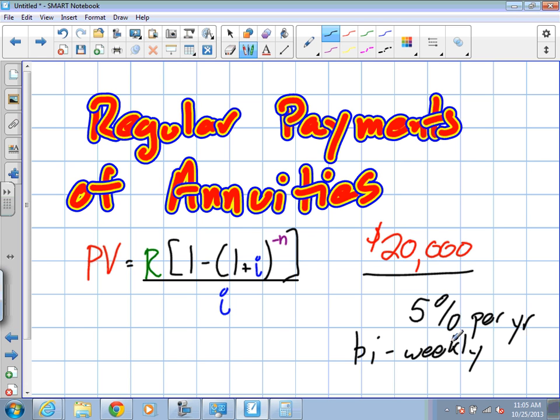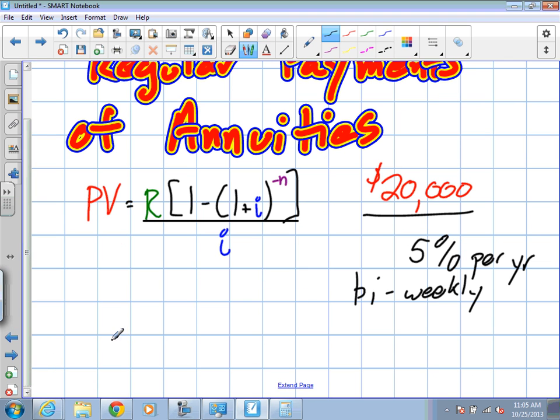Every 2 weeks. How many weeks are there in a year? 52. So if it's every 2, what do we do with this number? That's right, we divide by 2. Bi-weekly is 26. So our compound period is 26.